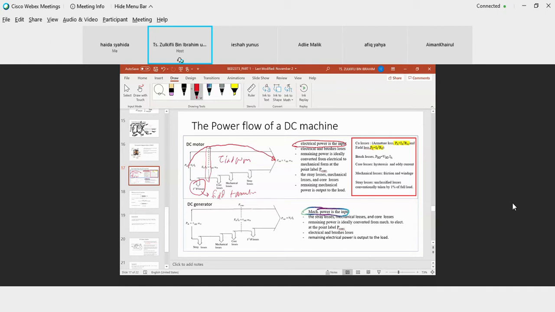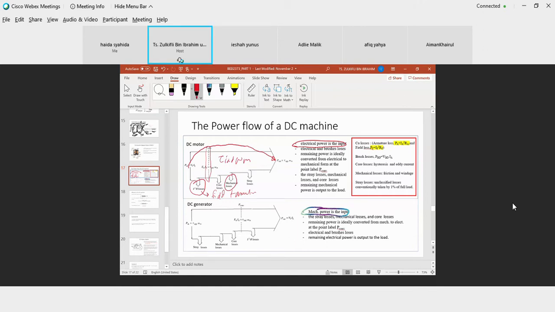And then you will have the core loss sebab the machine pun ada core kan. So the core disebabkan oleh silicon steel atau laminated sheets of iron yang buat rotor dengan stator. Lepas tu awak akan ada mechanical losses ni, anything yang relates to mechanical movement, macam you have a bearing ataupun losses daripada segi rintangan angin dalam motor.